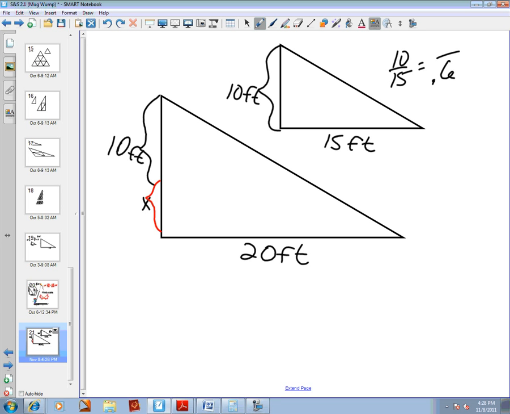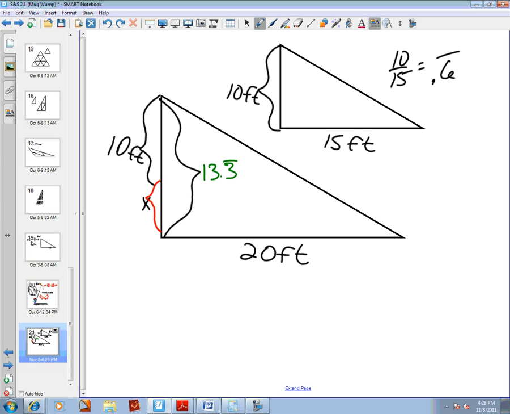So now we know that. Can we find what this total leg here is? Yeah, we can. So what is 2/3 of 20? Let's punch that in our handy-dandy calculator. And it's 13.3 repeated. So this whole side is 13.3 repeated.